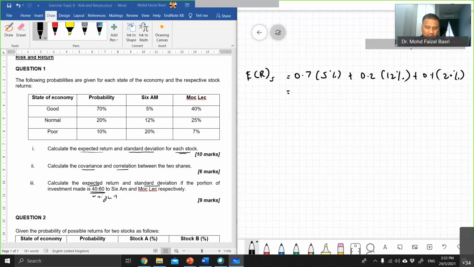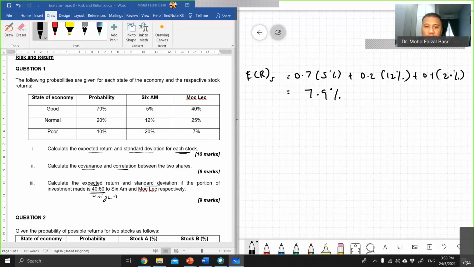So 0.7 times 5, plus 0.2 times 12, plus 0.1 times 20. Anyway, if you have a different answer, just let me know. So here I have 7.9.